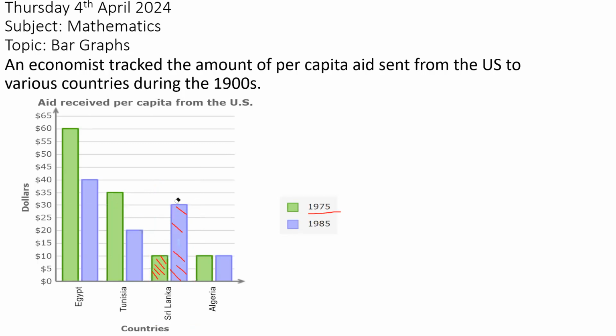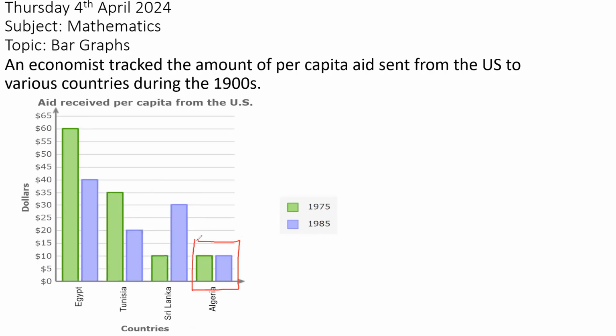So for Algeria, we want to figure out how much aid was sent to Algeria. And so for Algeria, we have 1975 and then we have 1985.